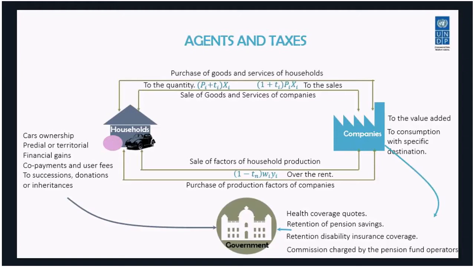Let's say that for 1 liter of milk, the price is, I don't know, £1. The tax is 10%, and the quantity you buy of milk is 3 liters per month or per week.